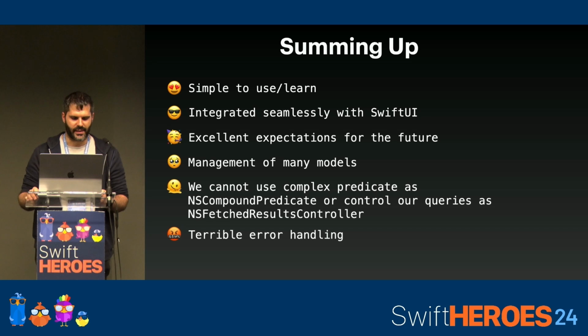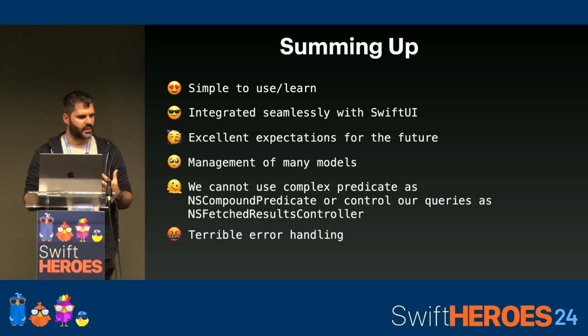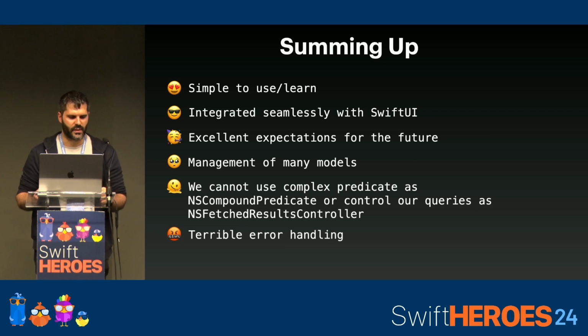And there is also terrible error handling because sometimes there are some crashes, or for example, for the optional and the predicate, the error is not very clear, and you have to work on it and search for a new way to go on.